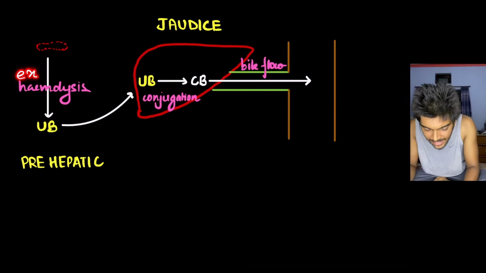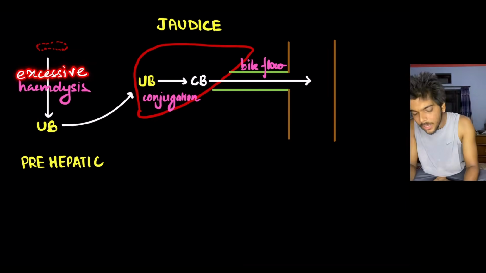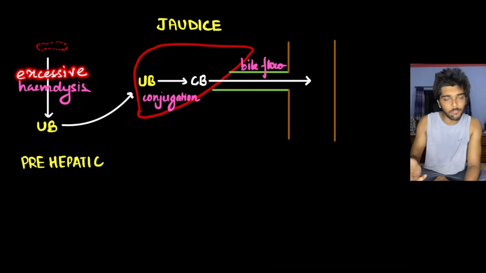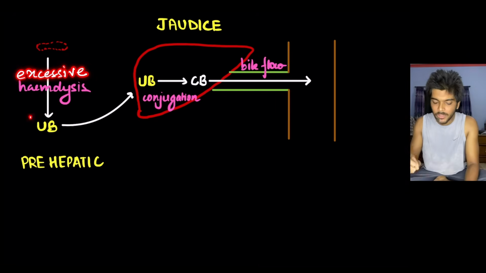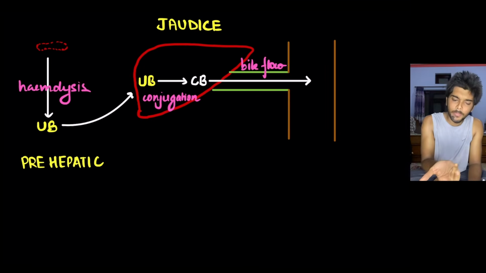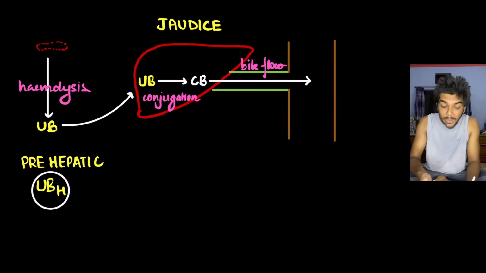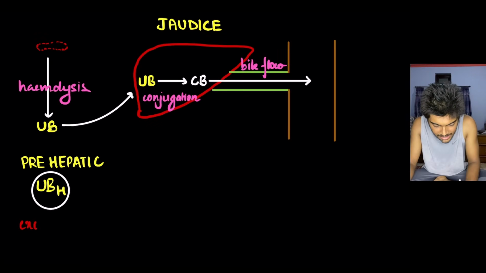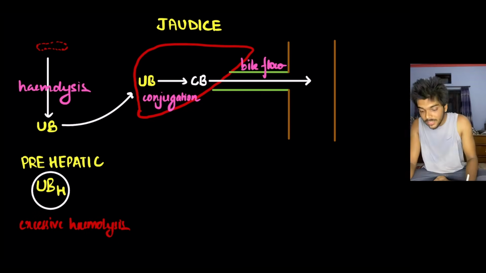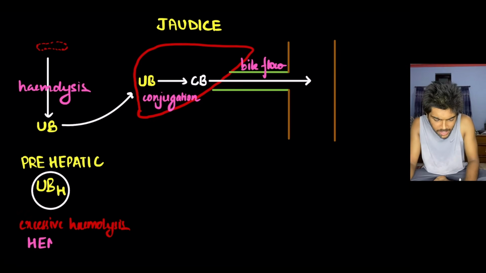If there is excessive hemolysis, too much hemolysis, either in adult or in infant, this will result in production of excess unconjugated bilirubin, and that will lead to unconjugated hyperbilirubinemia. So prehepatic jaundice is associated with unconjugated hyperbilirubinemia, and the reason behind it is excessive hemolysis. Since the cause is excessive hemolysis, it is also referred to as hemolytic jaundice.